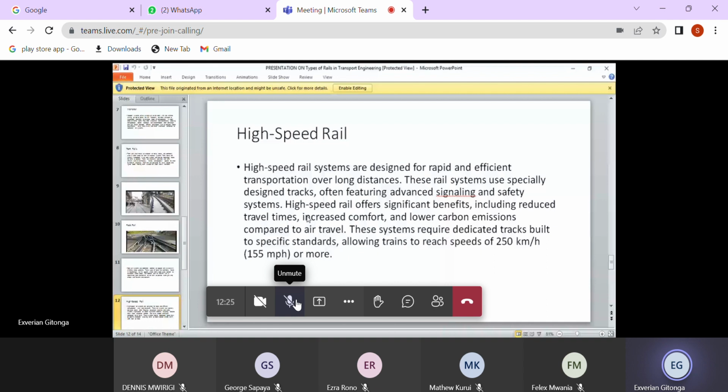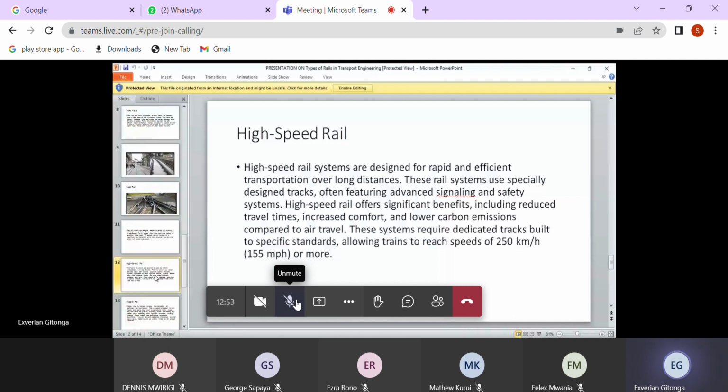One could include reduced travel times, increased comfort, and low carbon emissions. Thus meaning you cannot compare them to air travel because they do not pollute the environment. So these systems require dedicated tracks built to specific standards, allowing trains to reach speeds mostly of 250 kilometers per hour or even more.